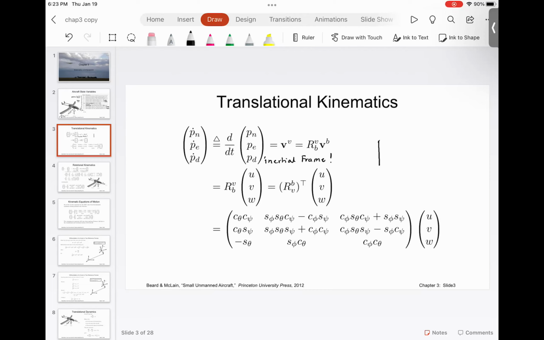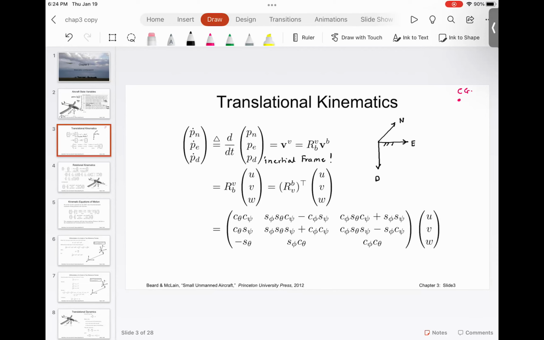If I say this is my north, this is my east, it's fixed. And I'm going to show the aircraft vehicle frame as just the CG of the aircraft. So this is the CG of the aircraft.